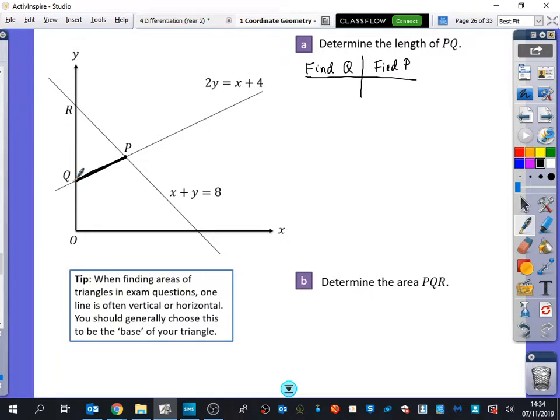What do we know about when x equals 0 for this line we've got here? So y equals 4, so 1, 2. So 0, 2. Let's write that there, and think about what we've done so far. So the Q is 2.